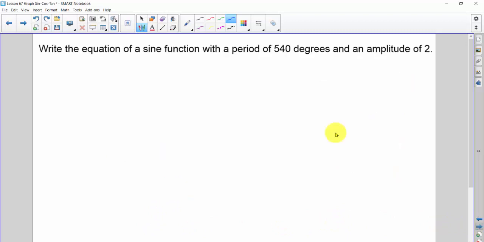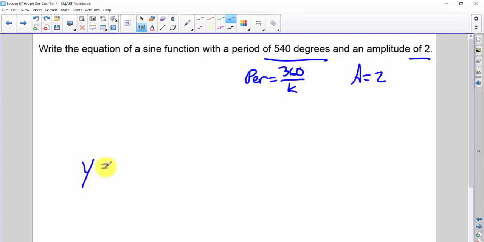Same type of problem, except now we're dealing with periods in degrees. Okay, we have an amplitude of 2, so that's not a big deal. Period, it's a sine function, 360 over k. A we know is equal to 2, so we have y equals 2 sine.